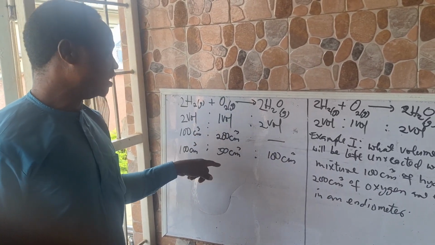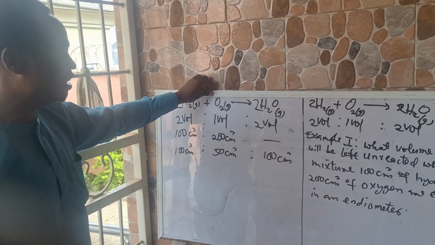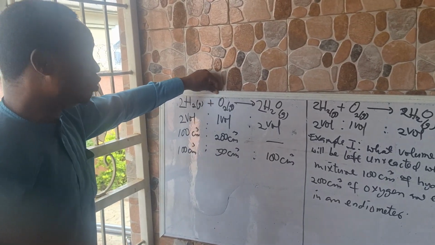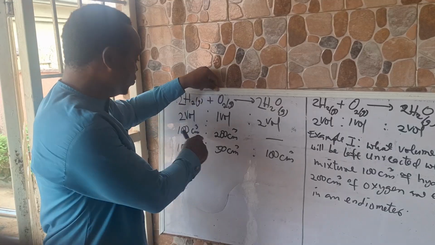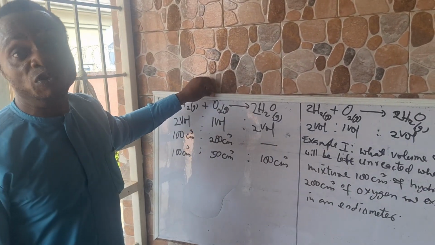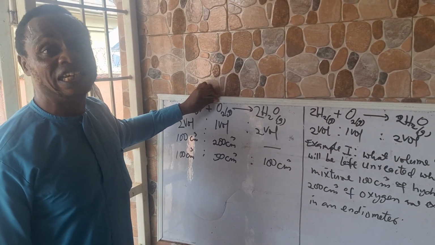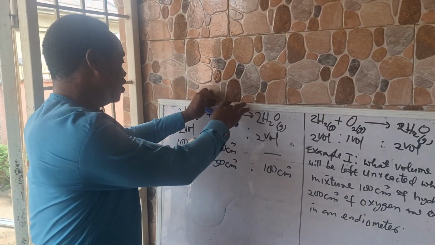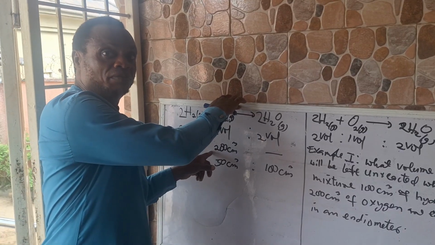So what gas is now in excess? The gas that is now in excess is oxygen, because they would have used 50 cm³ from the ratio we have here, but they used 200 cm³. So what is the volume of the gas that is now in excess?